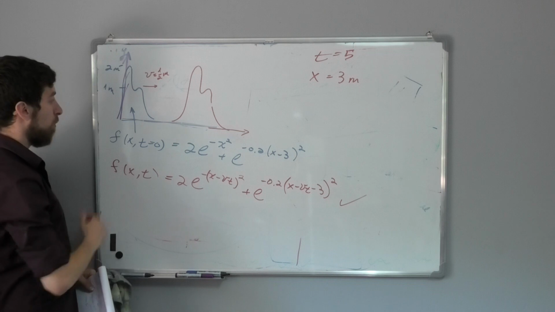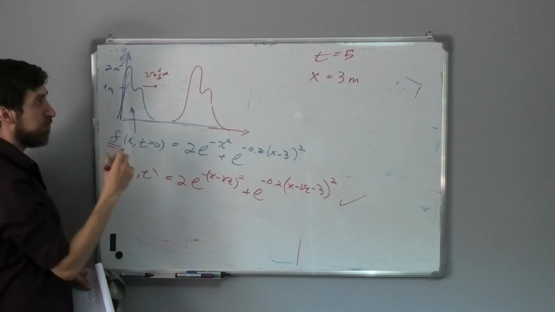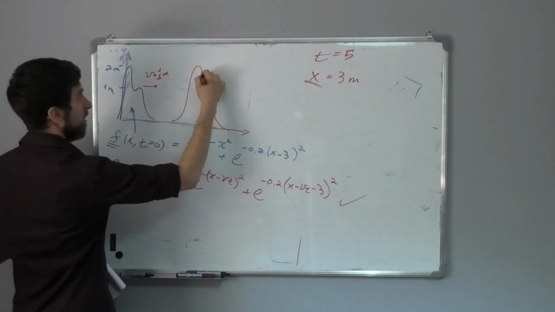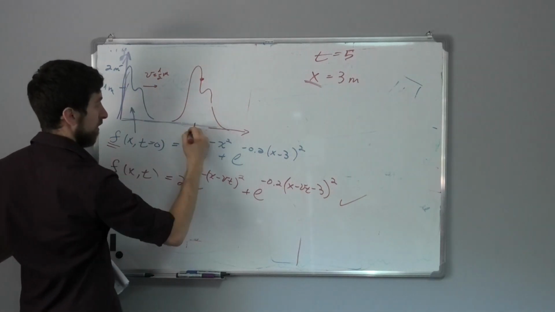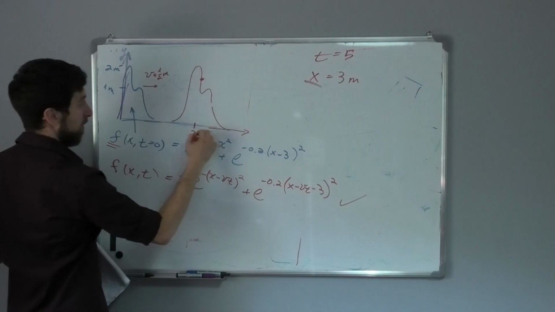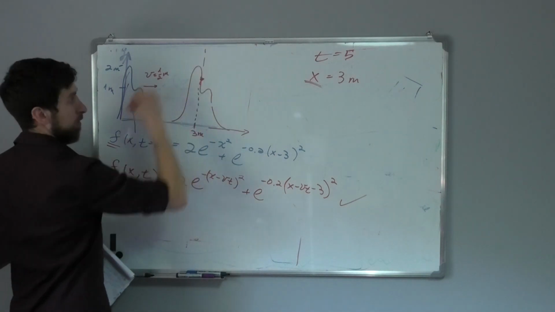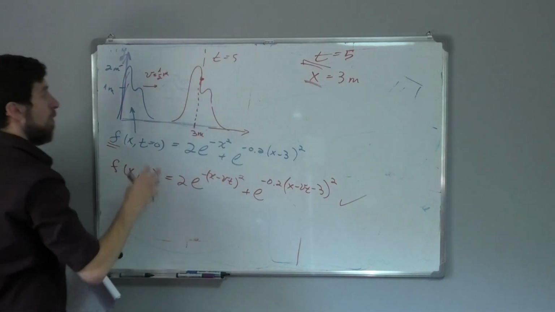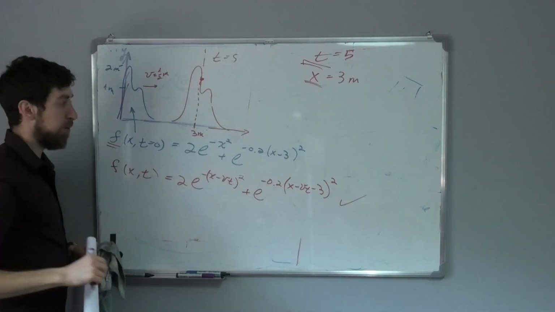What do I mean? I mean, what is the height of the wave? For example, this is going to be 3 meters, at this location, 3 meters. At time 5 seconds, t equals 5. What does the pool look like?